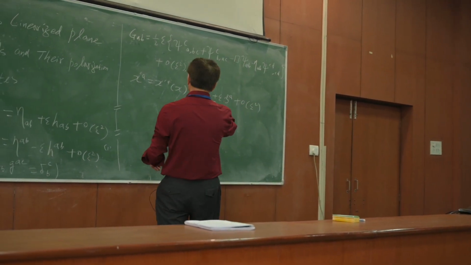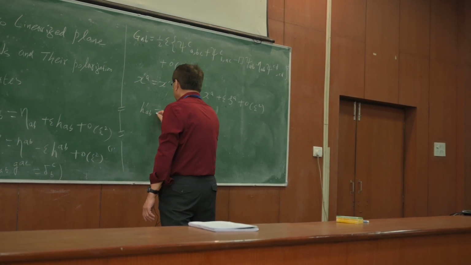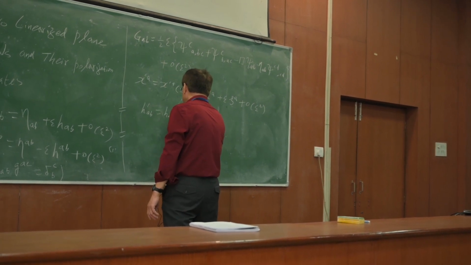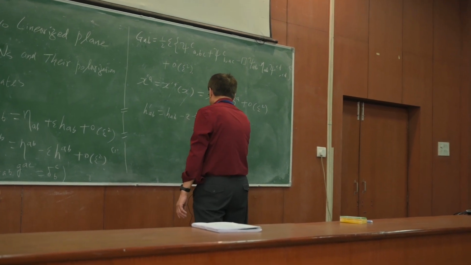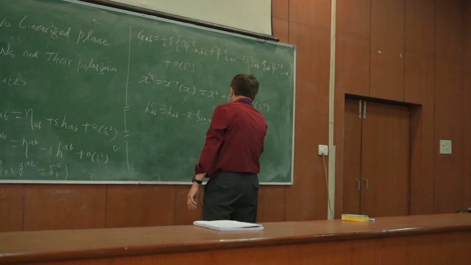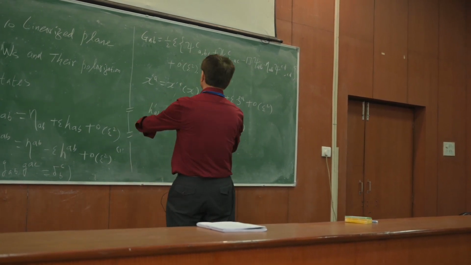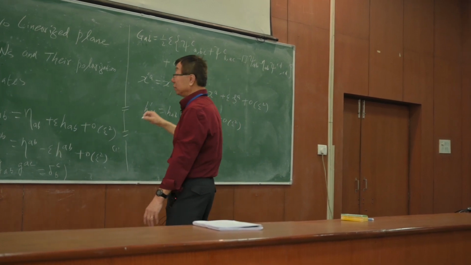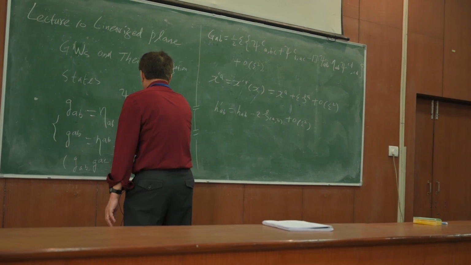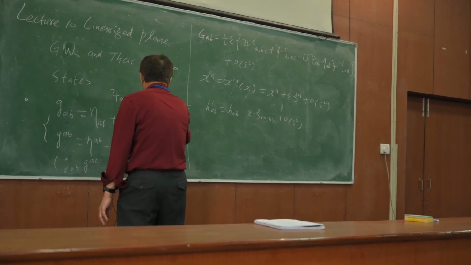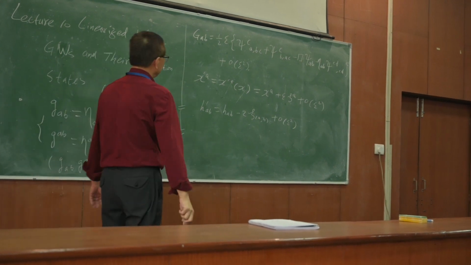So if we do this, then our h ab will now equal h ab minus 2 times the derivative of xi ab. Also, I want to write this like h prime ab equals h ab minus 1/2 epsilon times the derivative of xi.